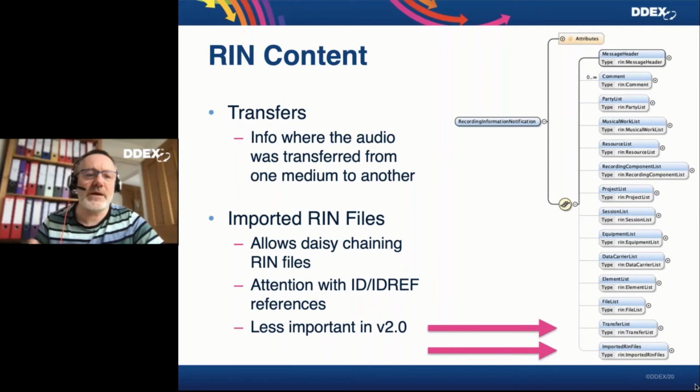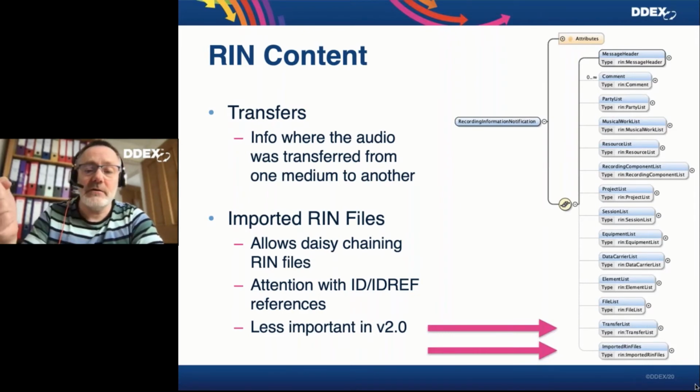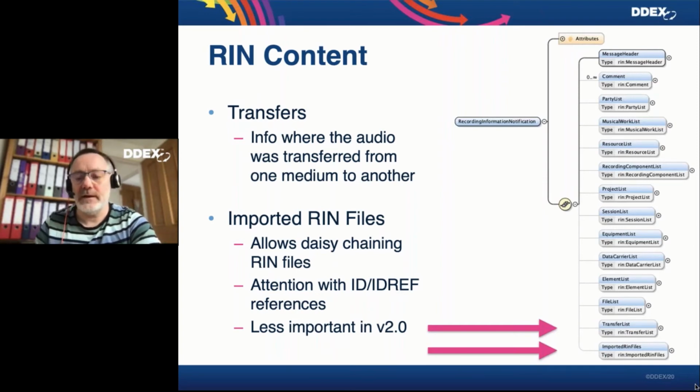We still support it for backwards compatibility reasons, and there may be points where, for archival, somebody may actually want to create, once all is done and dusted, a product has been released, and you want to put the music into the vault so that it's stored there for posterity, and you want to create one RIN file that contains all the other RIN files that contributed to it. And that's where you can do that. But for the normal process of collecting the information and providing it into the value chain, the imported RIN files is kind of less important in version 2.0 and going forward.